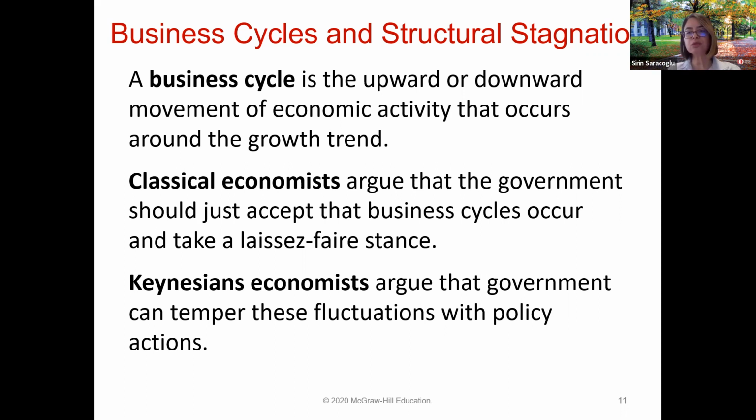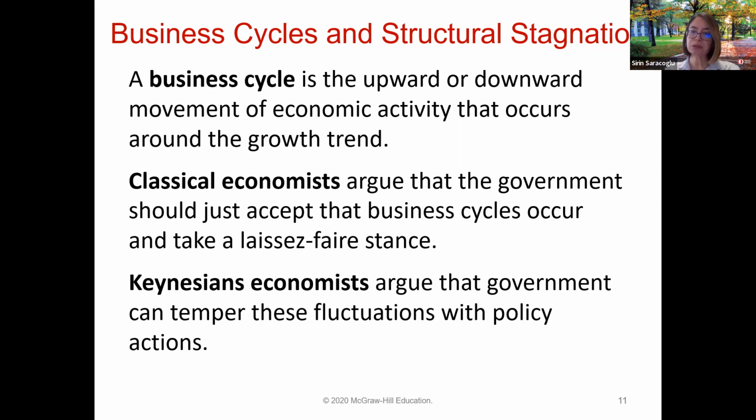Now, with respect to the treatment of business cycles, there are again two different views. One comes from the classical economists. Classical economists think that business cycles are natural occurrences in an economy. Business cycles are optimal responses of economic actors. Therefore, we should do nothing about them, okay?